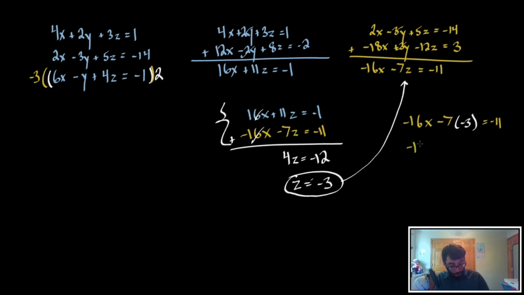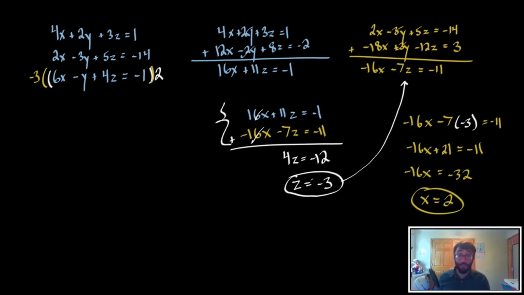And this is going to become negative 16x plus 21 is equal to negative 11. Now I'm going to go ahead and move the 21 over. So I'm going to have negative 16x is equal to negative 32, right? Yep. And now x is equal to positive 2.